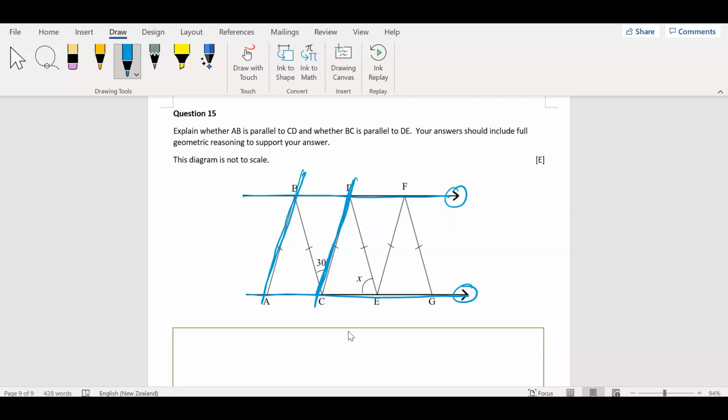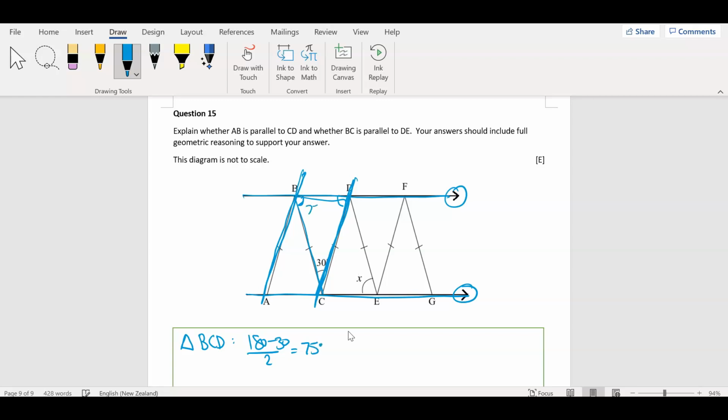So what I would be doing is calculating the angles within the shape just to try to get some more numbers. And I can see that this triangle here, triangle BCD, is isosceles. So that means 180 minus 30, divided by 2, is 75 degrees.